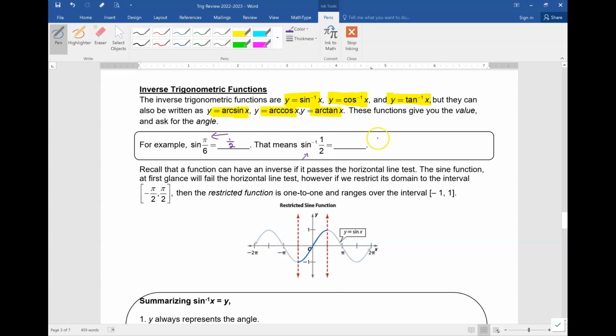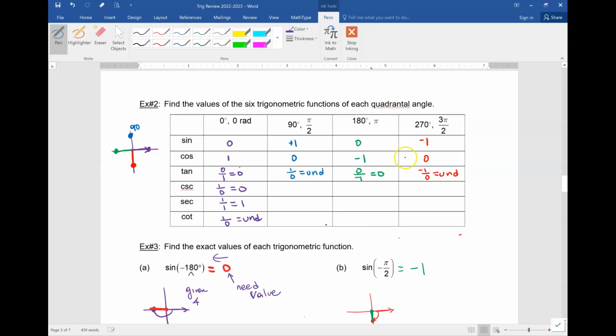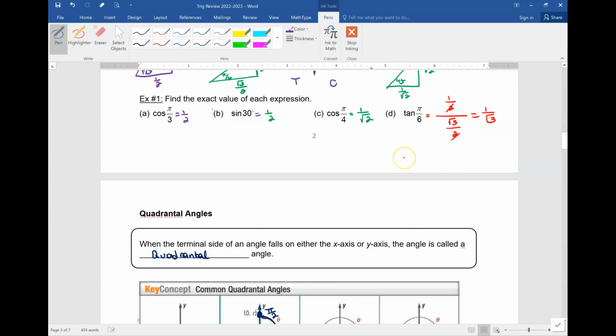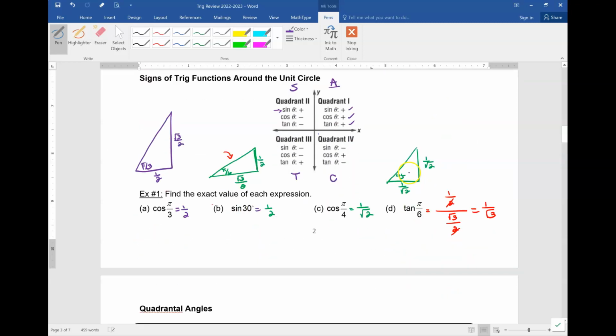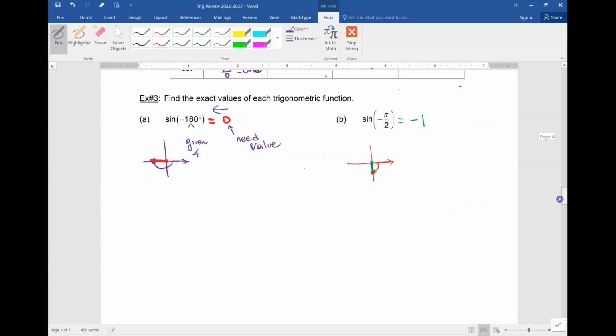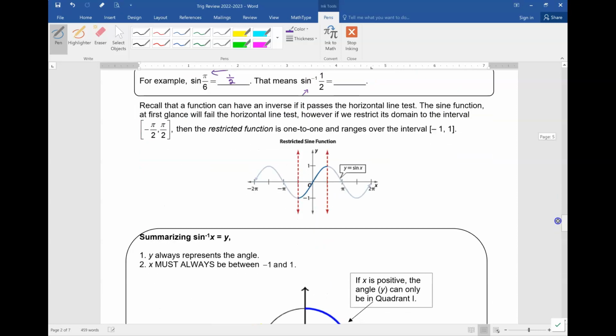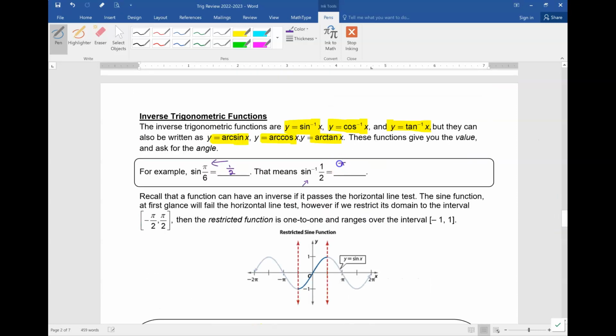If you go back to the triangles, what angle gives you a sine of 1/2? Remember, sine is always the vertical side. What angle gave you that? That was pi over 6. So we're literally going in the opposite direction. The answer here is an angle, pi over 6.